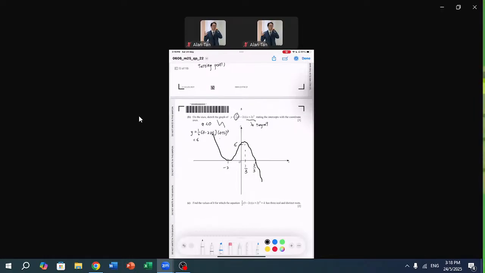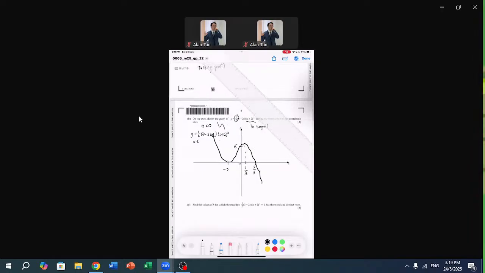Next, they would like to find the points where there are 3 real and distinct roots. So they're asking for a line. Wherever you draw that line, you're going to hit 3 points.